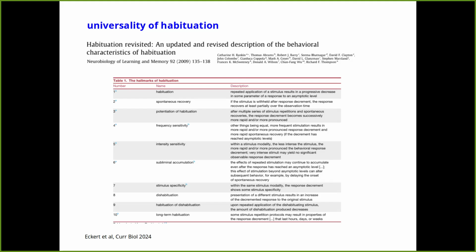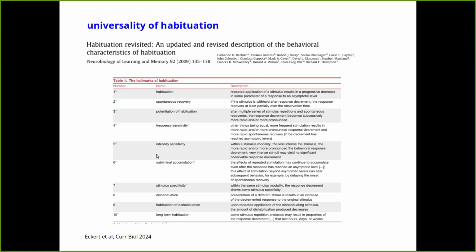And they're listed there. And these take the form of what happens during habituation if you increase the frequency of the stimulus. Well, what happens is that the habituation response becomes stronger. It happens more quickly or is more pronounced. What happens if we increase the intensity? That frequency sensitivity is hallmark 4 here.